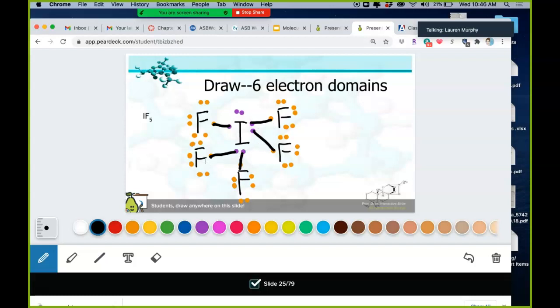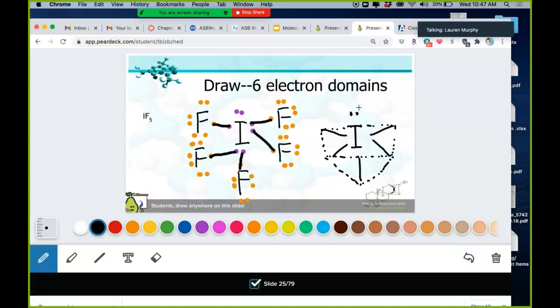It's pretty ugly. Okay, so this originally was like an octahedral, right, where this part was coming up, but now there's a lone pair of electrons there instead.